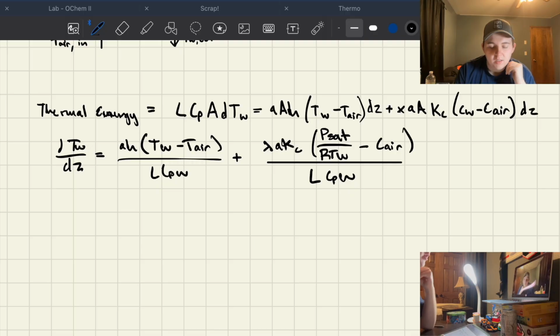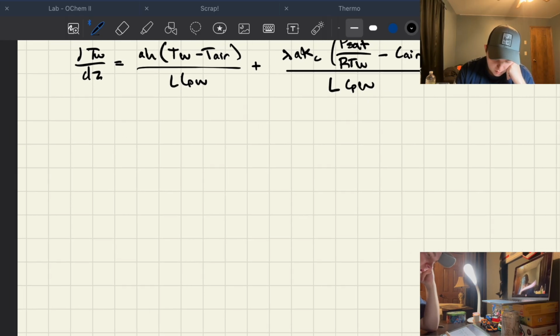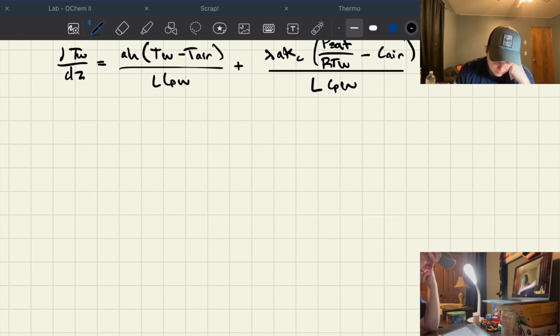Okay, so now we need our change in our vapor concentration for our next step. So now, like I said, we're going to need our change in vapor concentration.